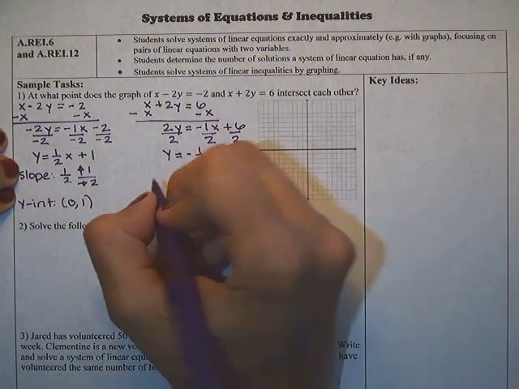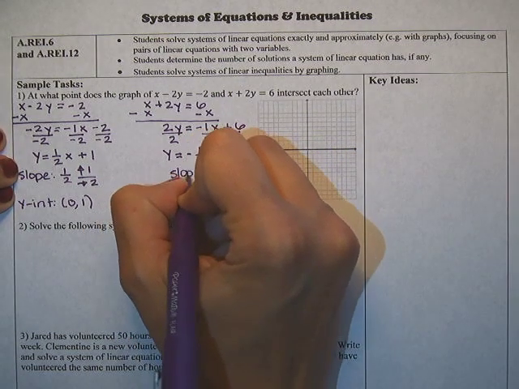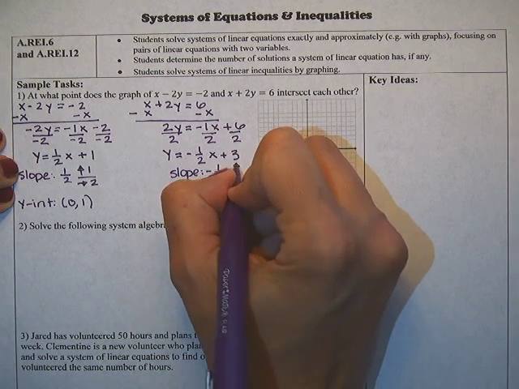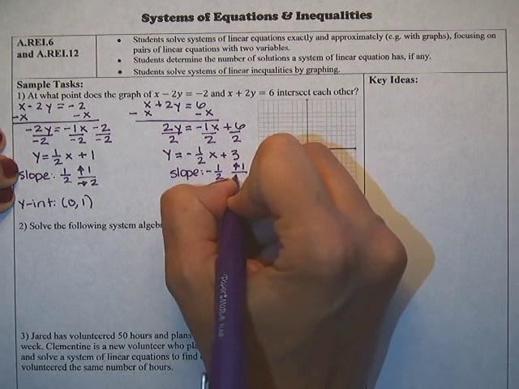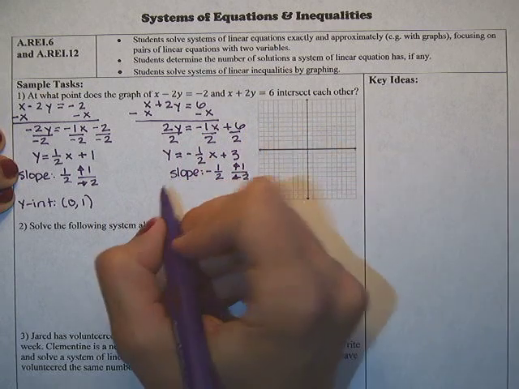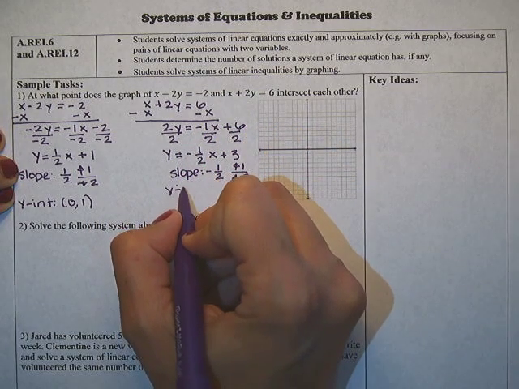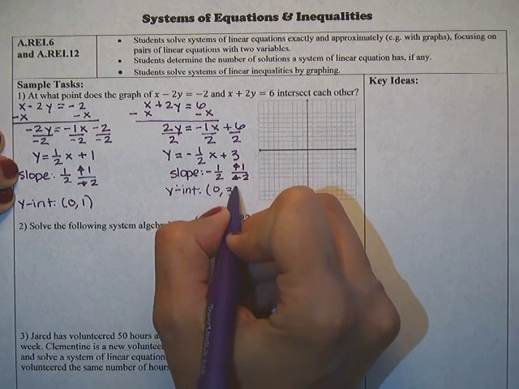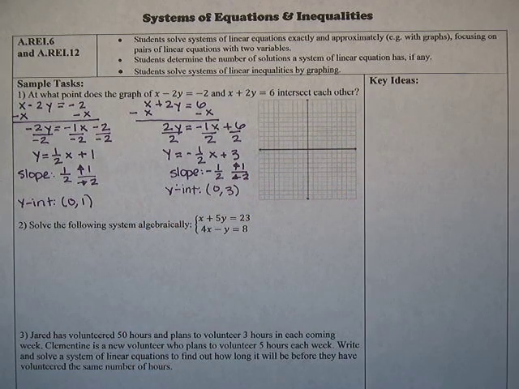So in this one, our slope is negative 1/2. So we're going to go up 1, back 2, and our y-intercept is (0, 3).